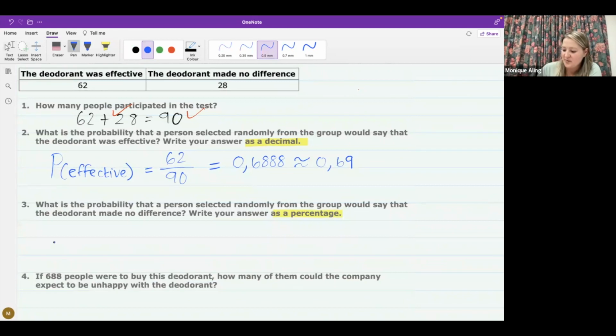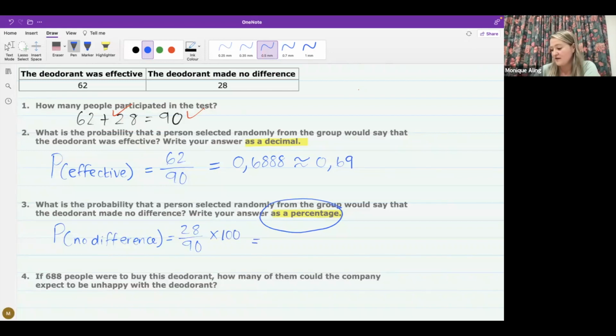The probability of no difference, the people who feel like the deodorant made no difference to them, was 28 out of the 90. That is our default answer, but because they asked for it as a percentage, we times by 100, which gives an answer of 31.11%.